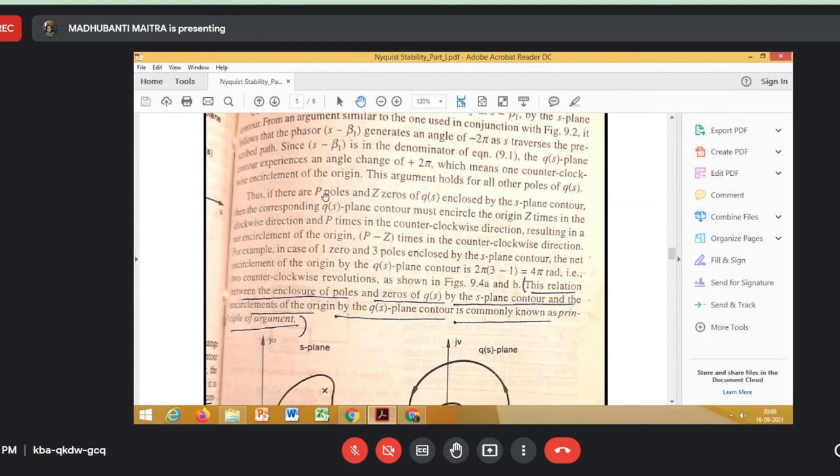And for Z zeros, the net change in angle will be Z into minus 2 pi, right?